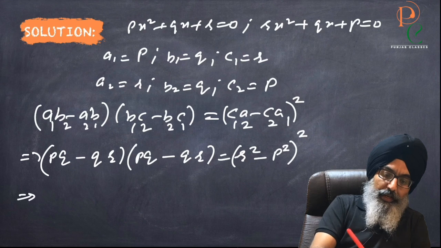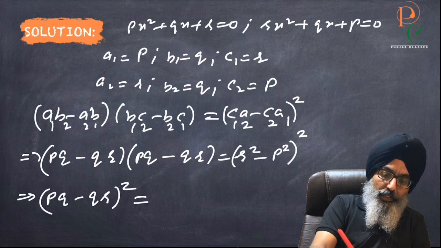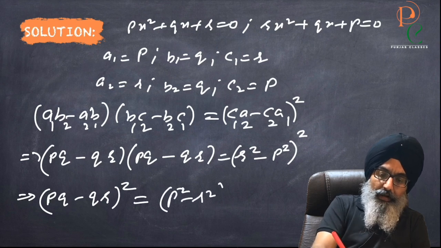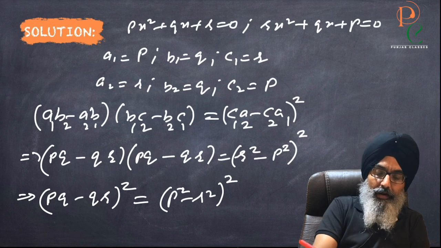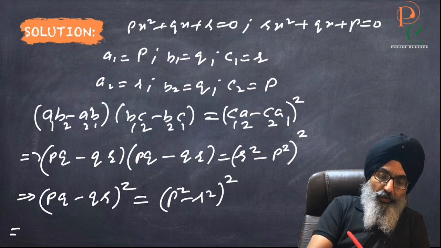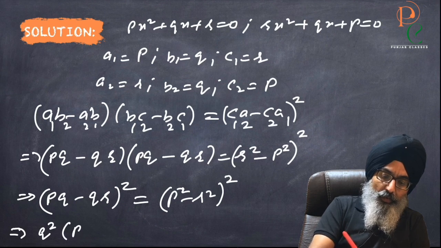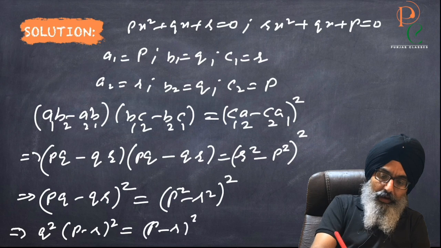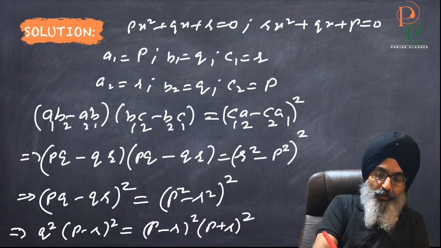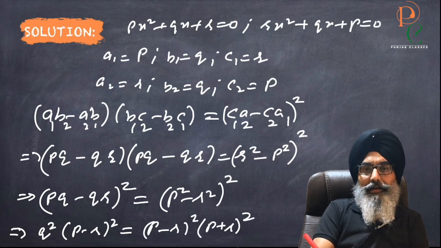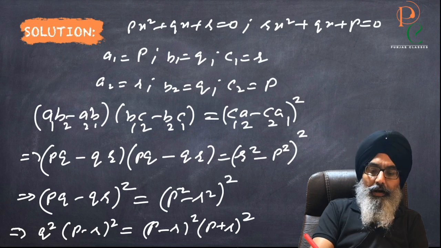That is what we obtain: PQ minus QR whole square equals P square minus R square, whole square. Or what we can do here is take Q common, it becomes Q square into P minus R whole square equals P minus R whole square into P plus R whole square. P square minus R square I factorize as P plus R into P minus R.